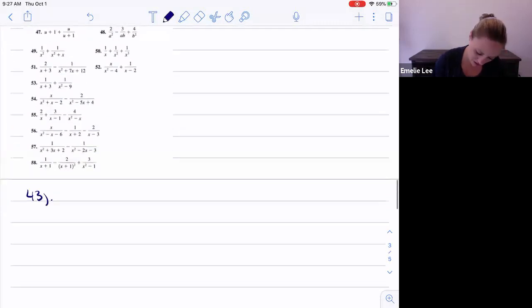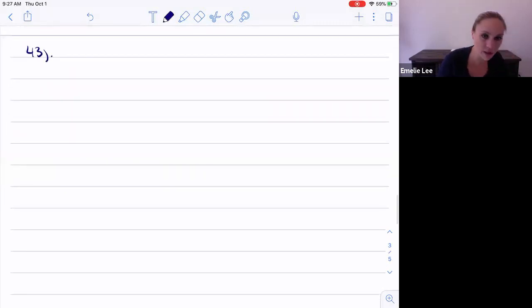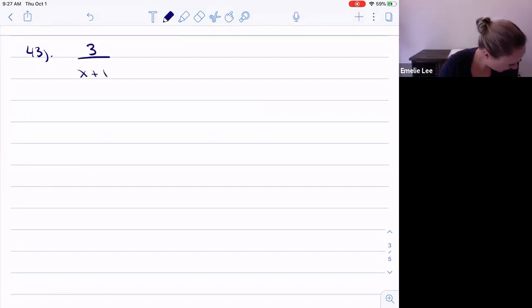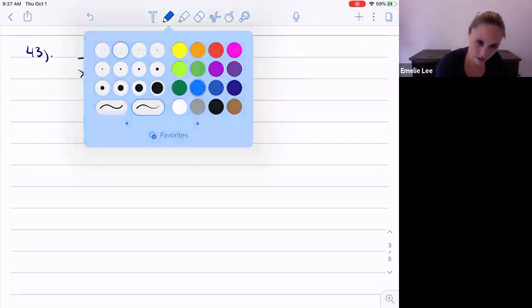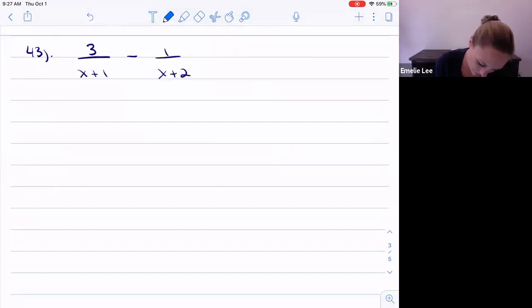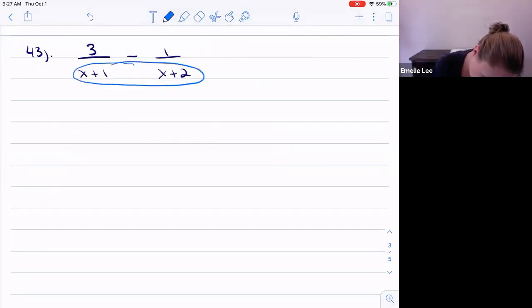I'm just stealing it from over here: 3 over x plus 1 minus 1 over x plus 2. Making a couple of notes as we go: we need a common denominator because we're adding or subtracting.